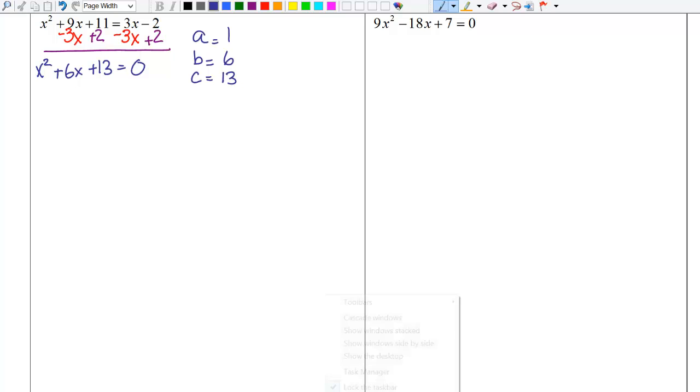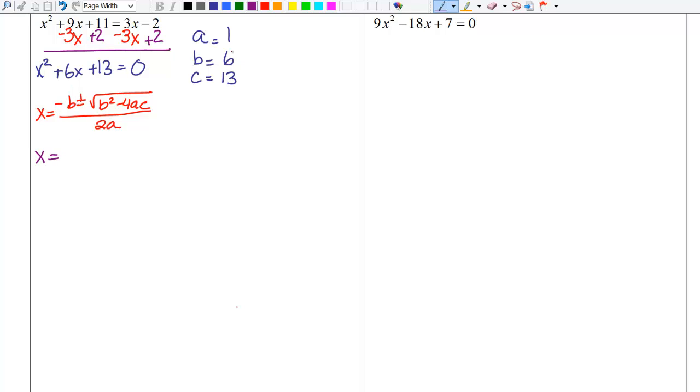I'm going to be taking these three values for a, b, and c and substituting them into the quadratic formula, which is x equals negative b plus or minus the square root of b squared minus 4ac all over 2a. So when I substitute the values, I get x equals negative b, or the opposite of b.